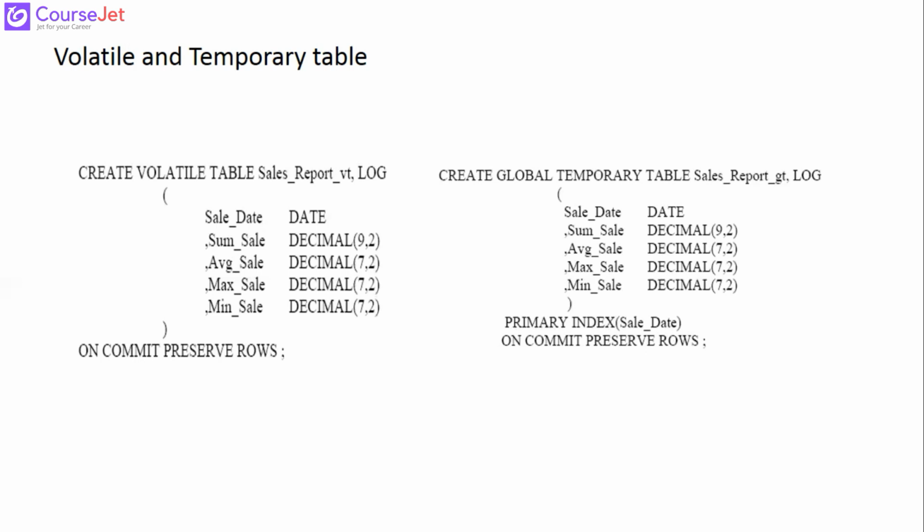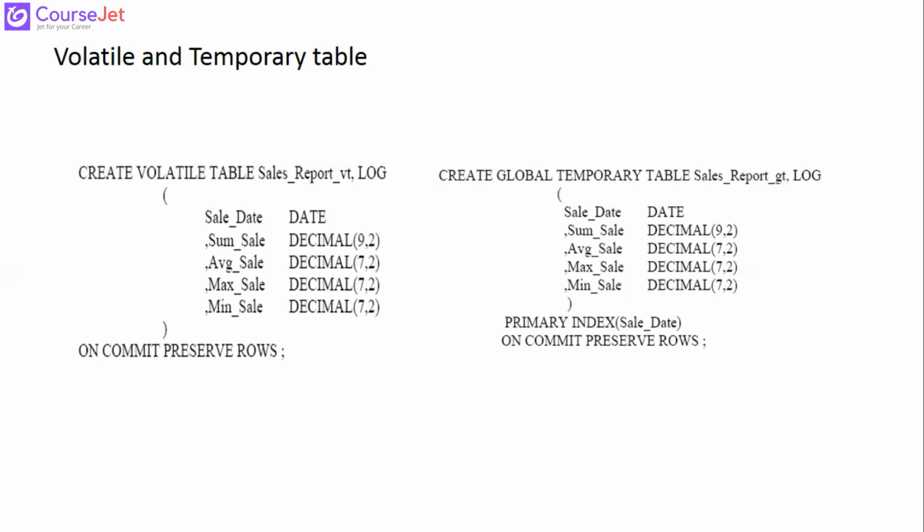Can we load file data using a volatile table? That is possible. Yes, we can do it, but in production usually they don't do it, because once the session is gone, your data is gone. But it's possible.